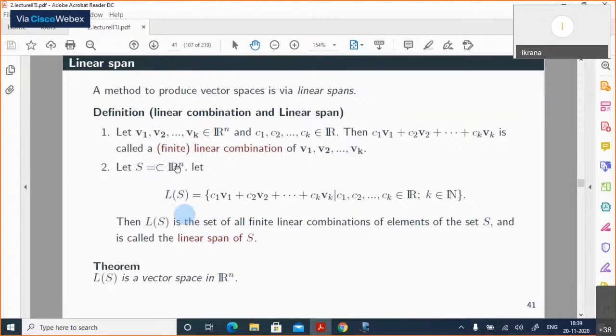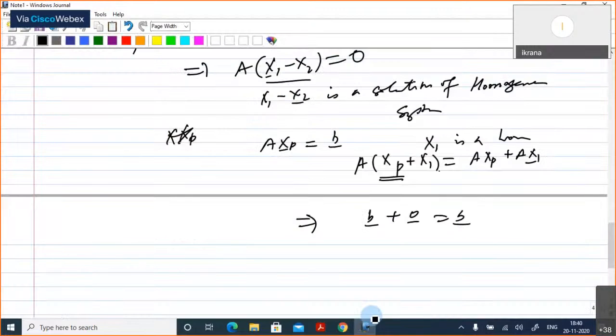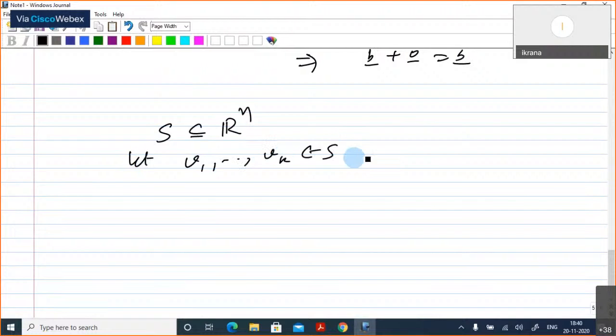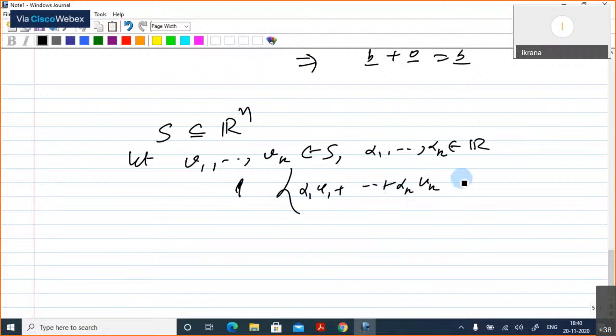Let me clarify something I said just now. Let S be a subset of Rn, and let v1 to vk belong to S, any finite number of elements of S. Then you can have a linear combination of them: for scalars alpha 1 to alpha k belonging to R, alpha 1 v1 plus alpha k vk.